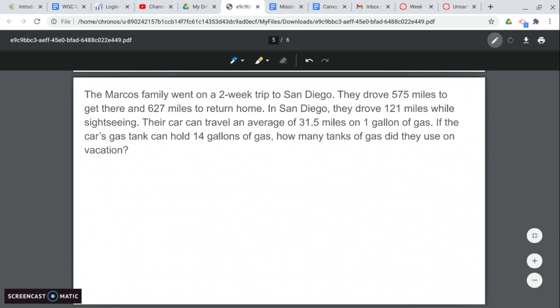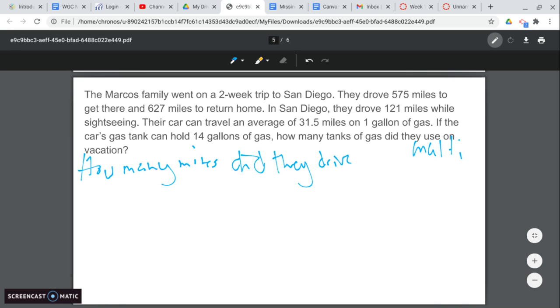So once again, multiple parts here. Multi is your key word for this lesson. All right, so a hidden question. First off is, how many miles did the Marcos family drive during their trip?